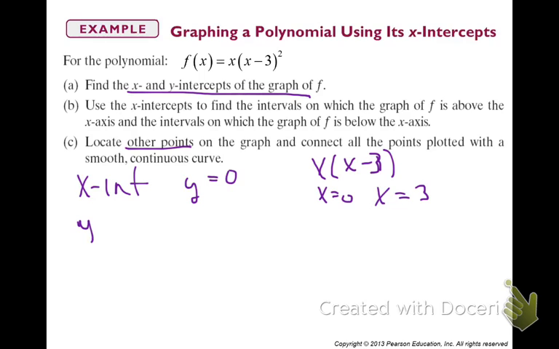All right, your y-intercepts. That occurs when x equals 0, right? So we're just going to replace all our x's with zeros. So f of 0 is going to be 0 times 0 minus 3 squared.